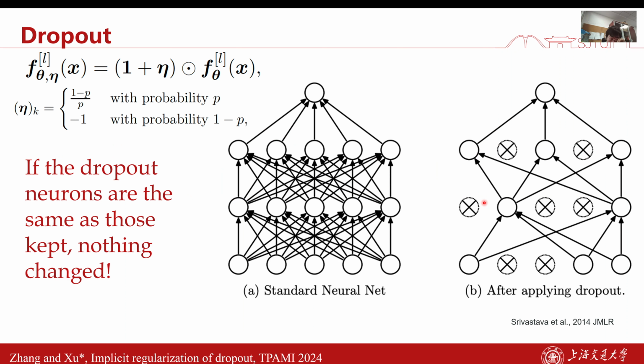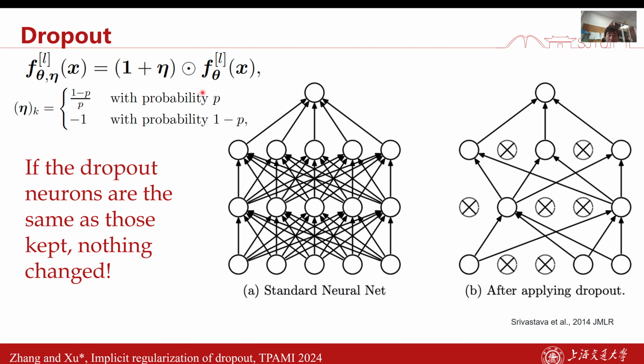What is dropout? Consider a network during training. In each training step, we mask neurons randomly with some probability. This eta is a random variable, and when it equals 0, this element's output will be 0, and this is an element-wise product.